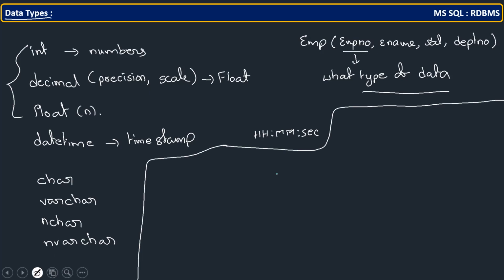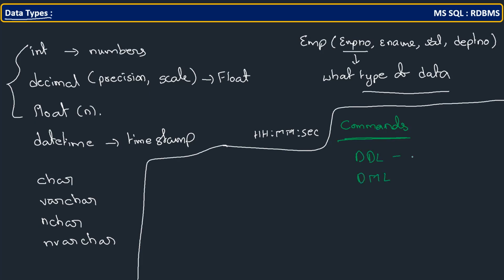Let us see another one. We have different types of commands. Very importantly, if your role is SQL developer, then very frequently we will use DDL commands and DML commands.